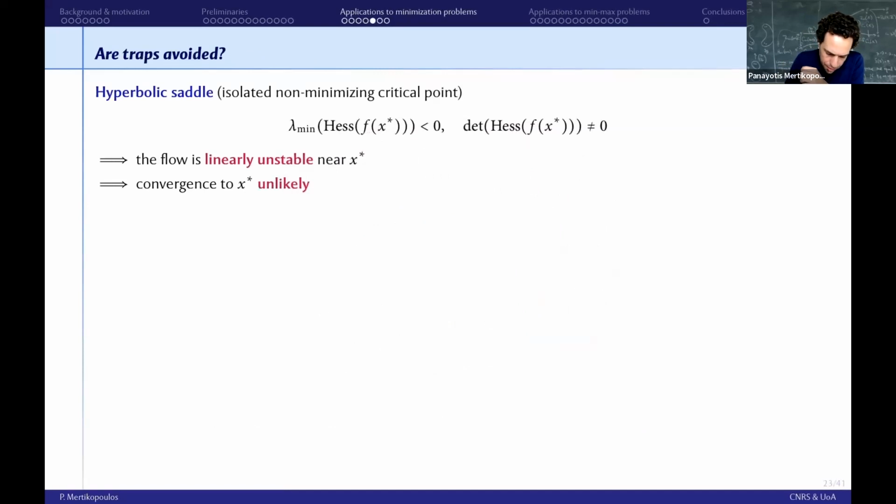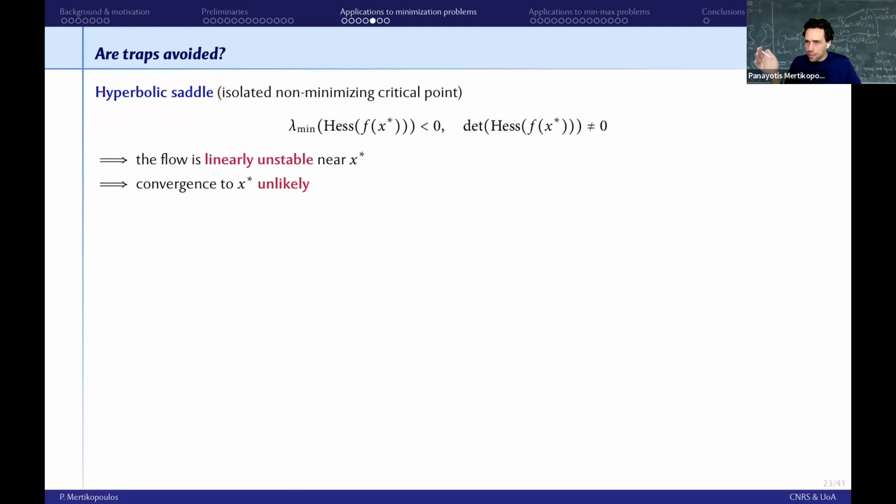And here, the first, at least to my knowledge, avoidance result of this kind was obtained by Pemantle in the 90s, and then there was a follow-up by Brandière and Duflo, who focused on what is known as hyperbolic saddle points. What are these?